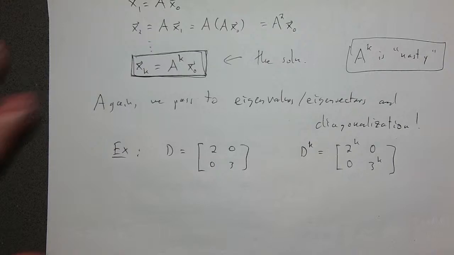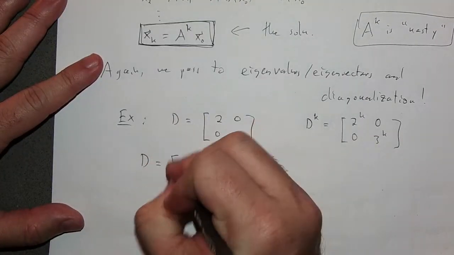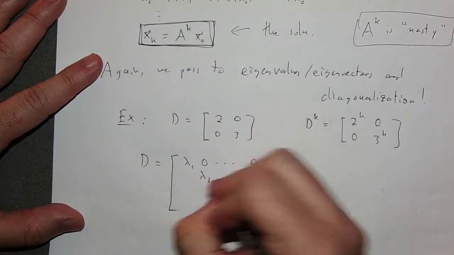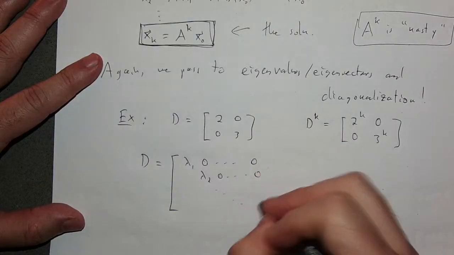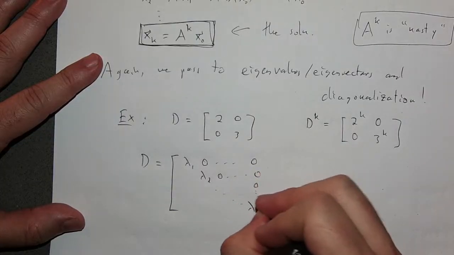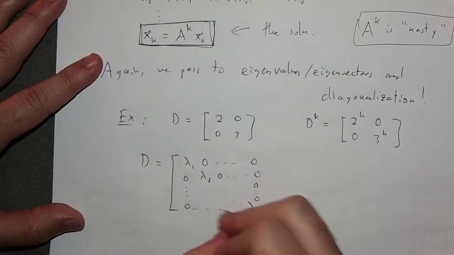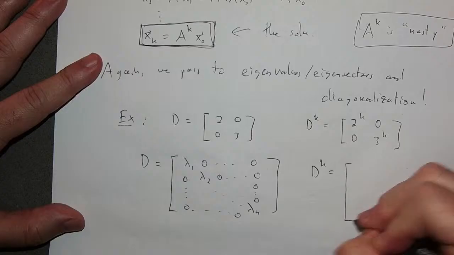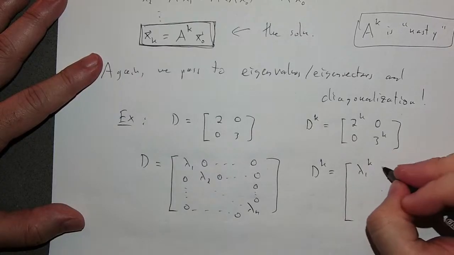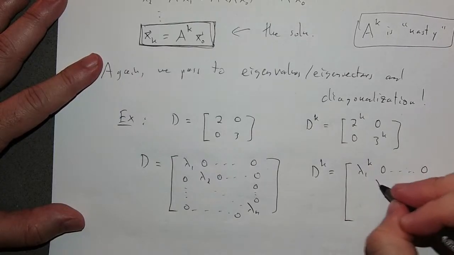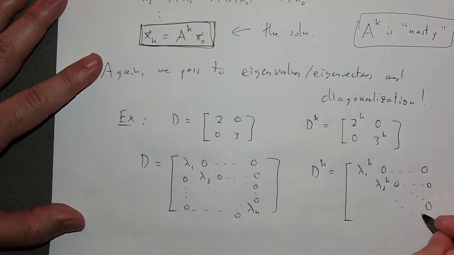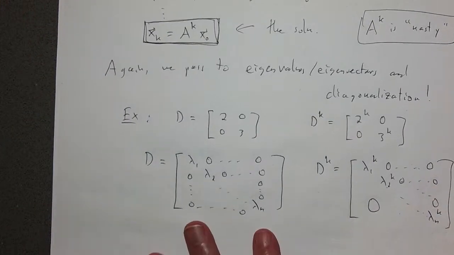So, extrapolating on this, if your diagonal matrix is the matrix containing all of the eigenvalues for another matrix, then this is simply the matrix that I obtain by exponentiating all of those eigenvalues in this way.